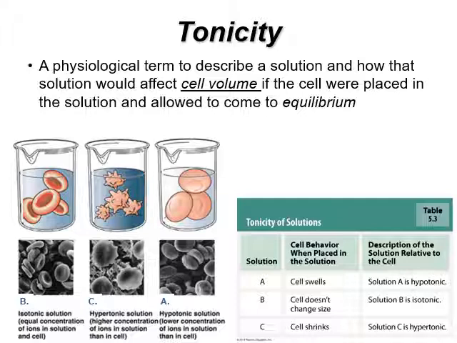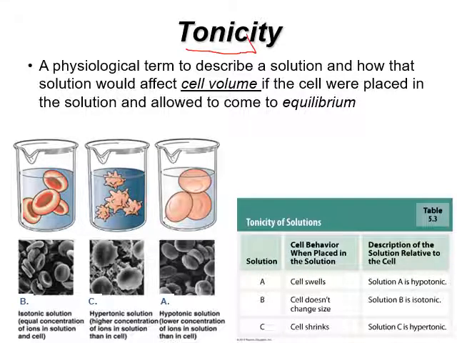Typically we use red blood cells in experiments where we're looking at the effect of tonicity on a cell. But what does osmolarity have to do with this? Osmolarity is somewhat the driving factor in driving water in or out of the cell. Those osmotically active solutes: if there are more in the cell than outside, then water will be pushed into the cell.